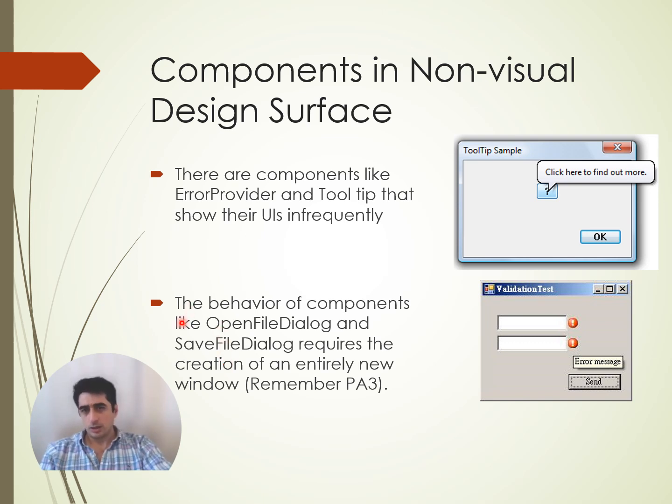They will appear in the non-visual design surface, and once in a while when you open them, they will pop a new window up, and that window will let the user select something special, and then the dialog gets closed when the user presses OK or cancel.